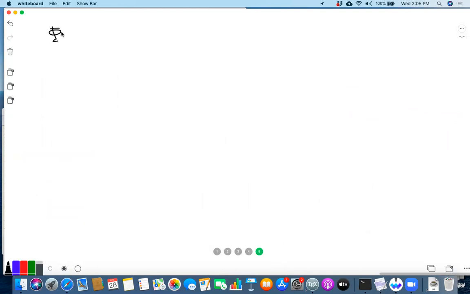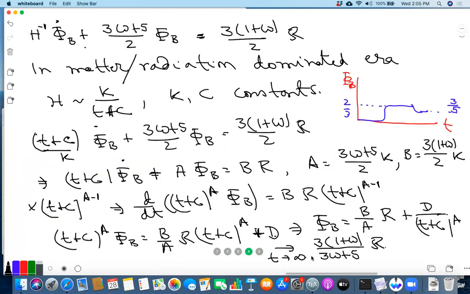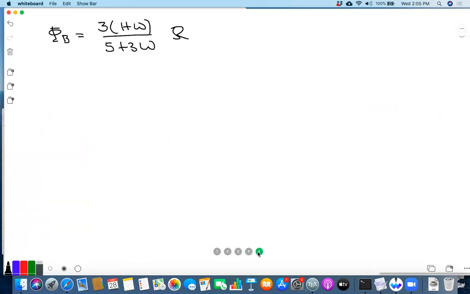So phi b is 3 times 1 plus w over 5 plus 3w, r. At the time of last scattering, at t equal to TLS, you have already seen the universe has become matter dominated, so w is 0. So this becomes 3/5 r.